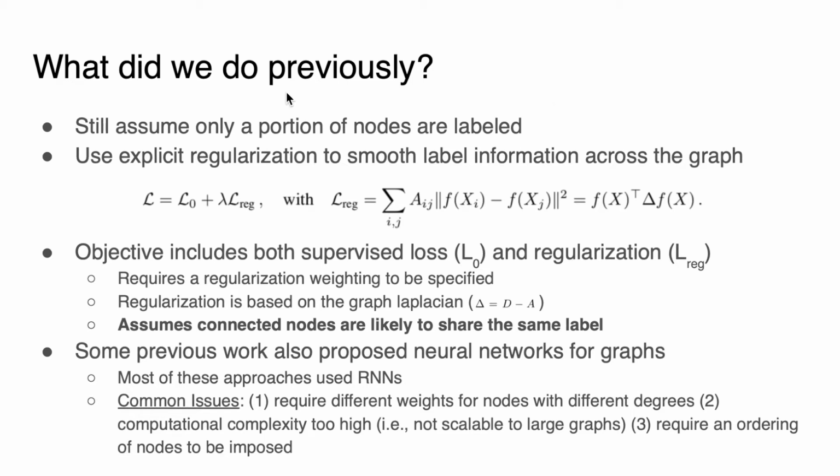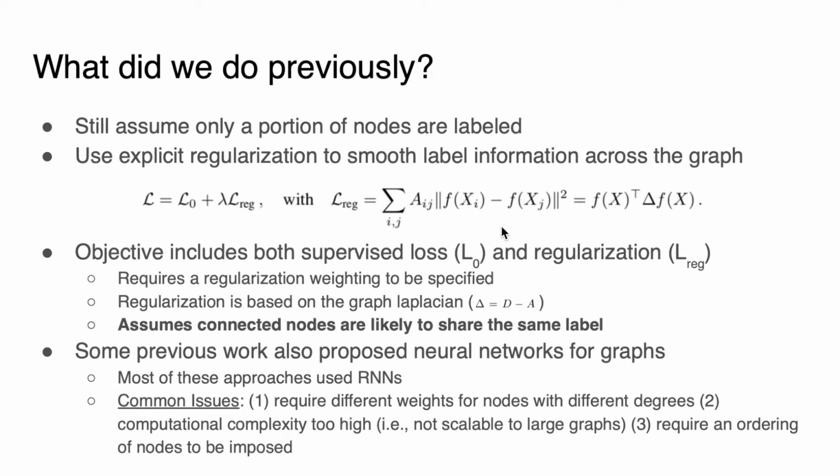One of these approaches used explicit regularization to smooth label information across the graph, which was needed because only a portion of labels for nodes were provided. And this was encoded by the equation seen here. Basically, what this loss is saying is that we take a supervised loss over our node classification, which could be just a normal supervised loss such as cross entropy, and then we add to it a regularization loss that is weighted.